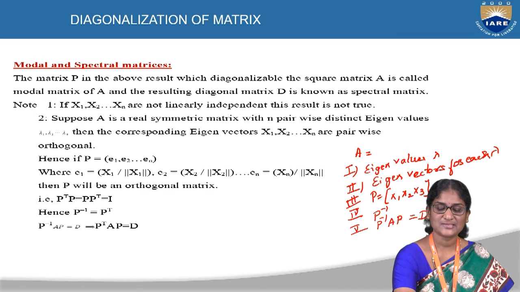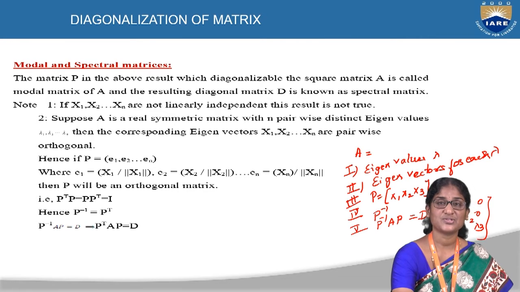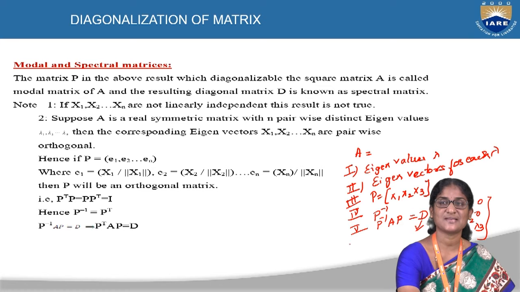So D is a diagonal matrix with eigenvalues in its diagonal, which we call the required diagonalization of the matrix. This capital D matrix is called the spectral matrix, while the modal matrix is the set of eigenvectors.